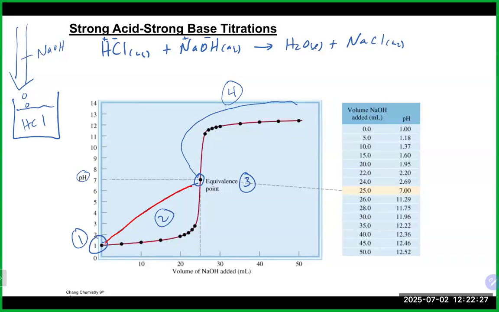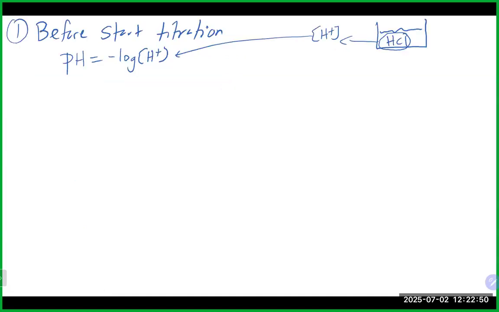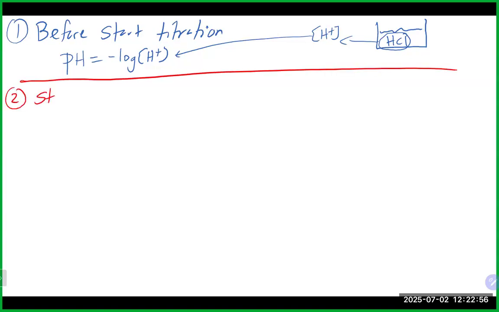We definitely have a reaction between the hydrochloric acid and the sodium hydroxide. We need to do an ICE table to figure out what that does to the hydrochloric acid we started with. Because we're adding volume, we need to do that ICE table in moles, just like we did with buffers. So for example here, for step number two, we are starting the titration.